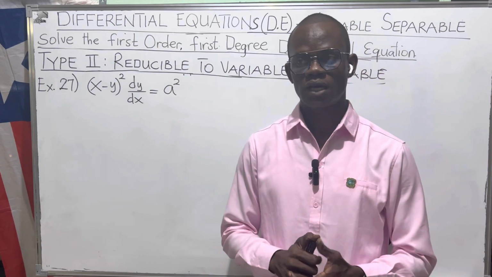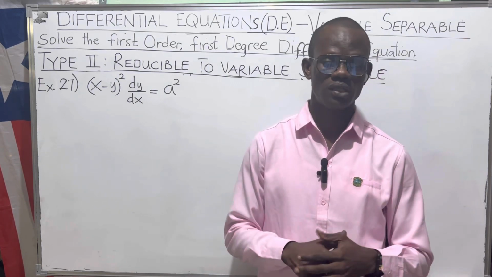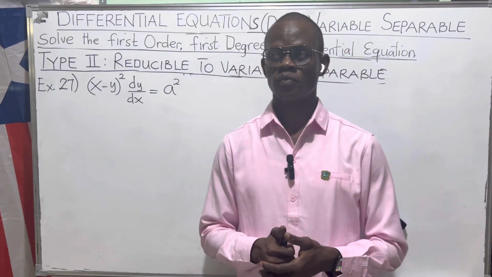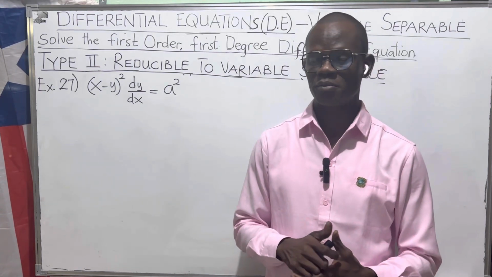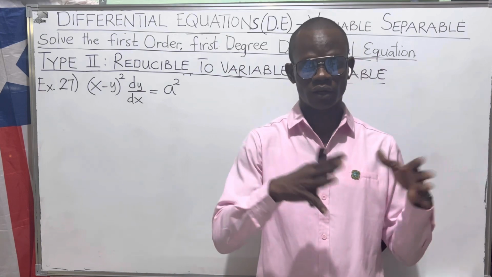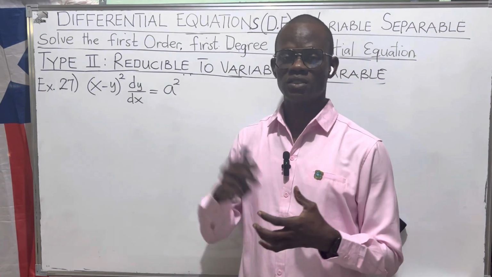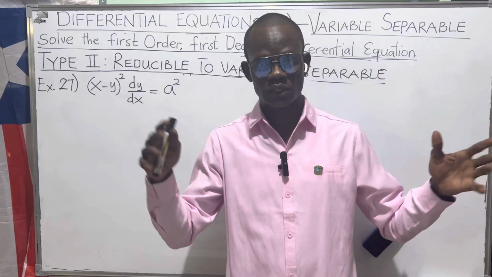In today's lesson, I will be looking at differential equations, particularly type 2 of the variable separable method. In type 1, we looked at problems where we can easily separate the variables given a differential equation, and then integrate both sides after the variables have been separated.